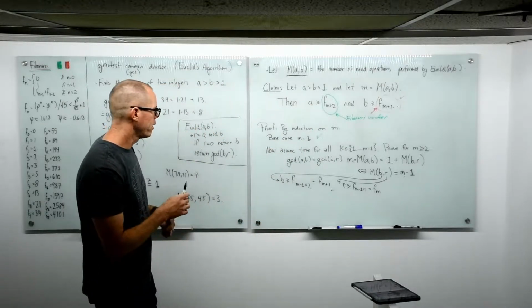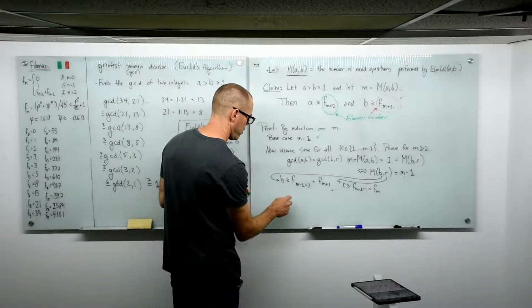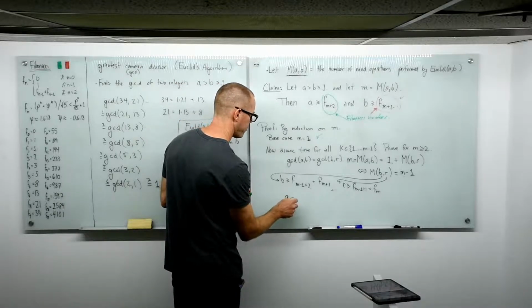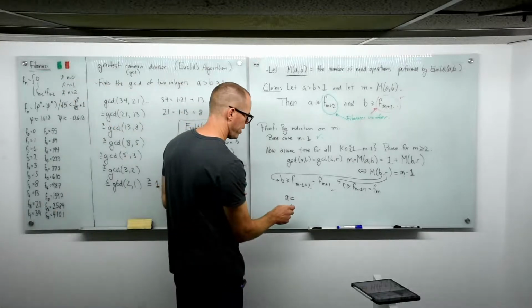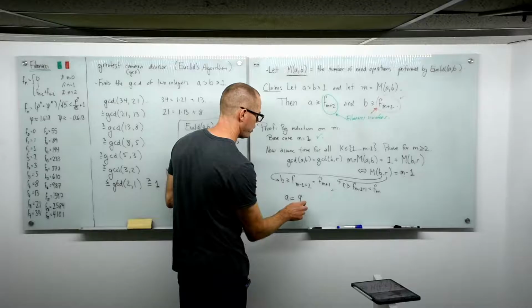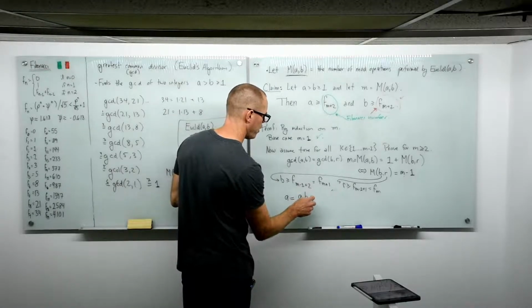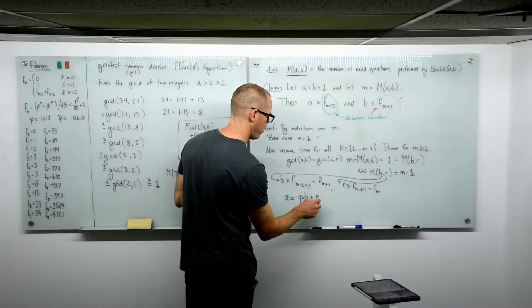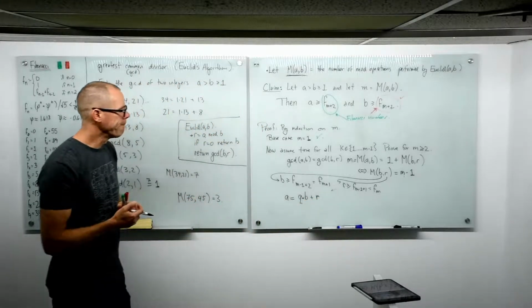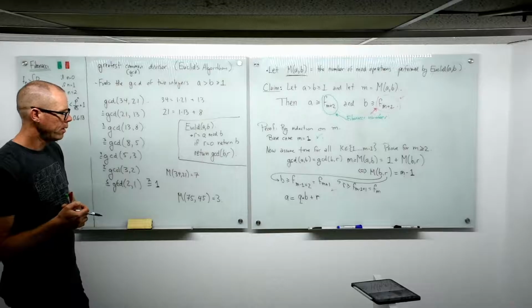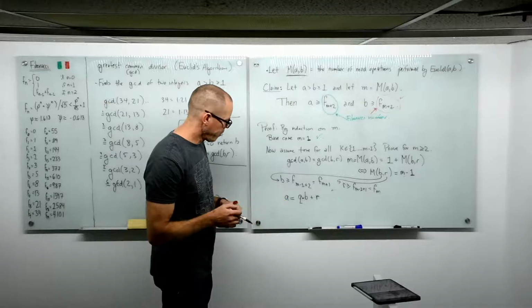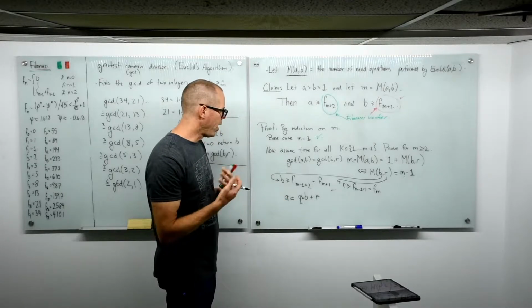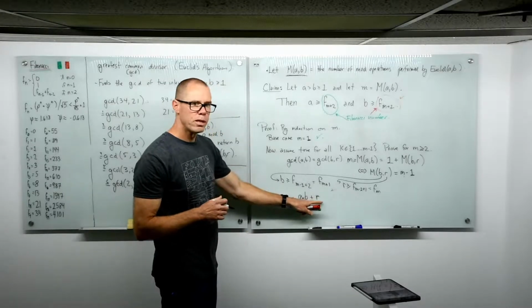But what is A? Well, we know A because of the definition of mod. A is equal to Q times B plus R. So when we take A and divide by B, we get Q plus a remainder.